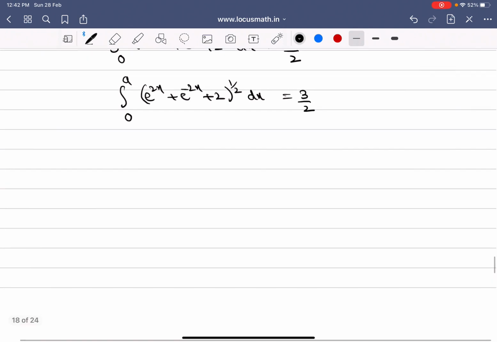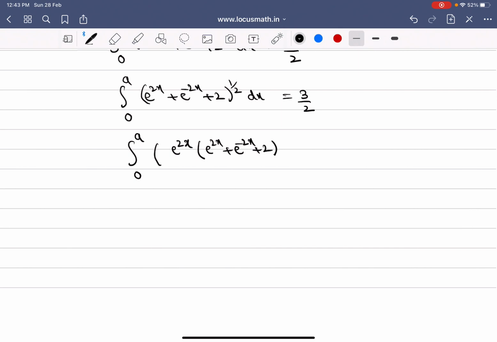Now, integration of 0 to a, inside the square root you multiply and divide by e^(2x), that is e^(2x) into (e^(2x) plus e^(-2x) plus 2) over e^(2x), all to the power 1 by 2 dx is equal to 3 by 2.